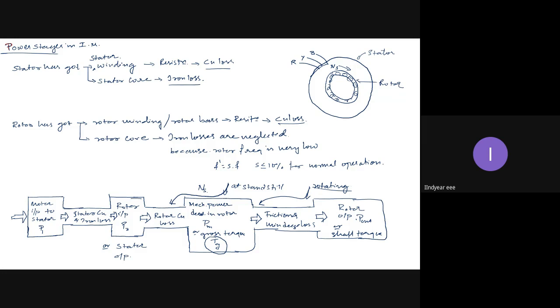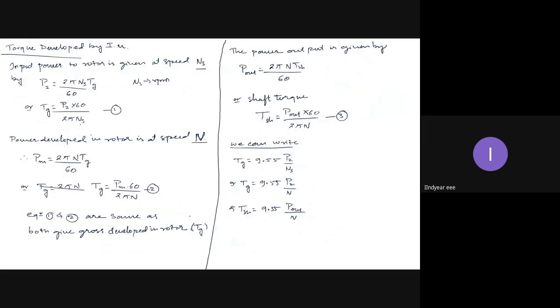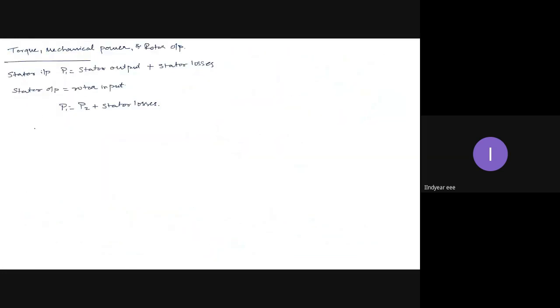So rotor input P2 is equal to power developed in the rotor plus rotor losses.